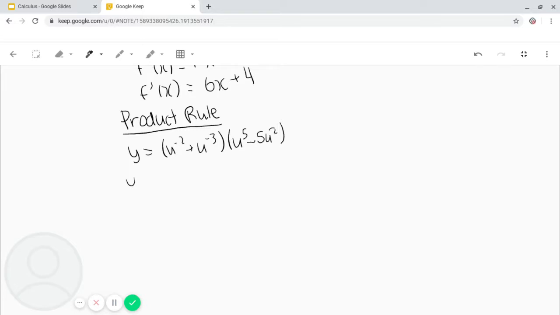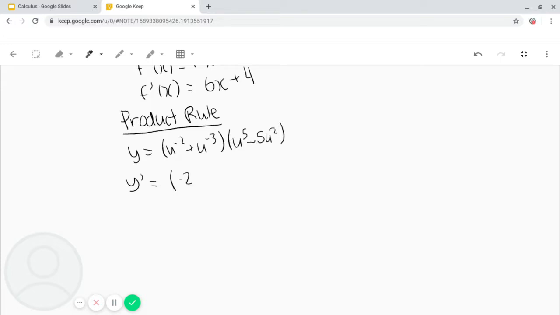But you could check it as well through expansion. So the derivative of this is just the derivative of the first term, and I'm just going to write it directly in.